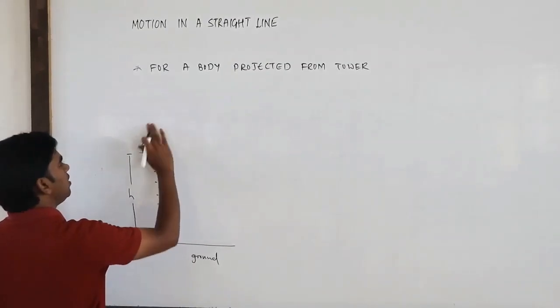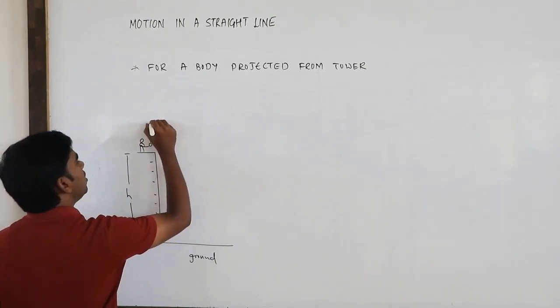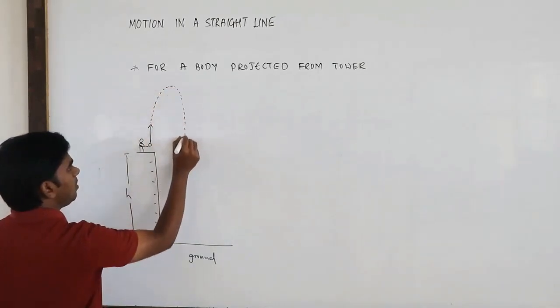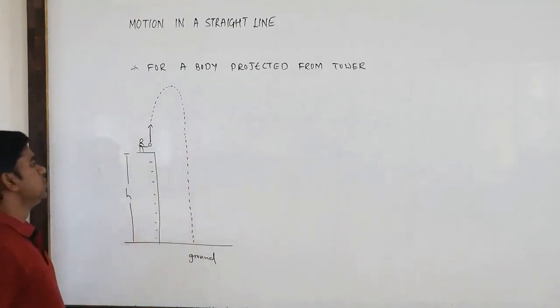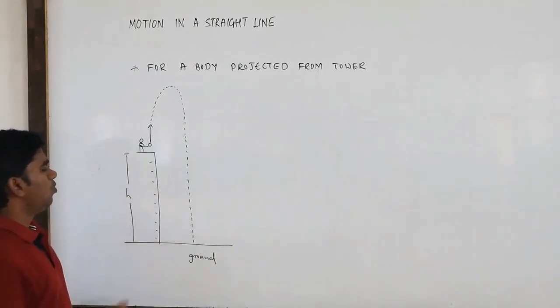When you throw a body upward, what will happen? The body will go and reach some maximum height, then it will come back not to the building, it will come to the ground. So for this kind of situation we will see what the motion parameters are.